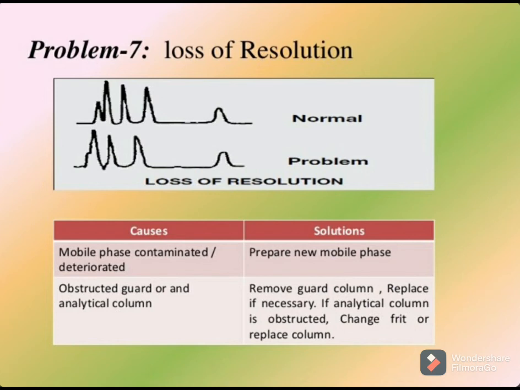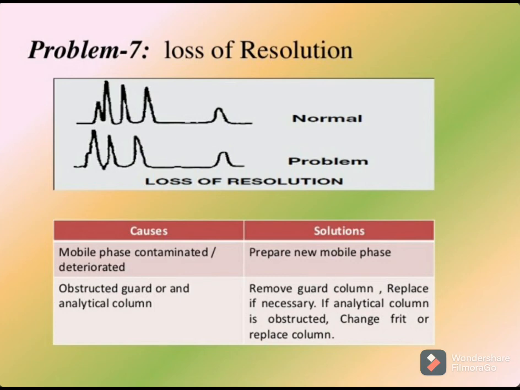Mobile phase contaminated or deteriorated: prepare new mobile phase, with better adjustment of the mobile phase. Next cause, obstructed guard and analytical column: remove the guard column, replace if necessary. If the analytical column is obstructed, change the frit or replace the column. That is the main reason for loss of resolution. If we focus on these causes and solve our problems, then we can get our resolution.